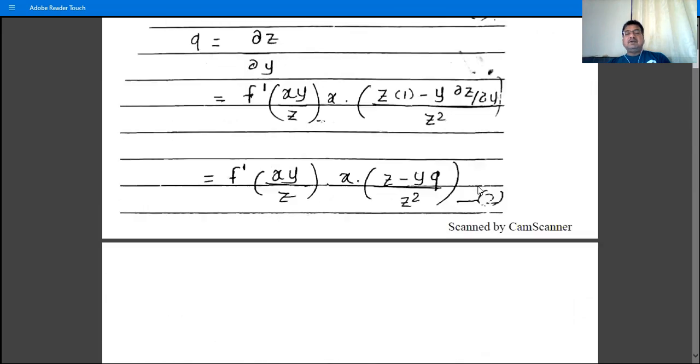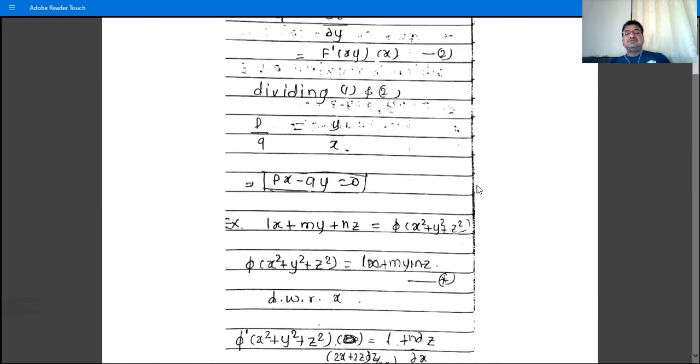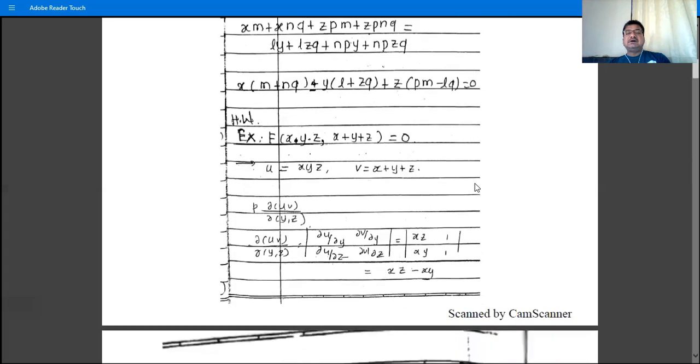So the problem is of the type f of u, v equal to 0. So find all three Jacobians.